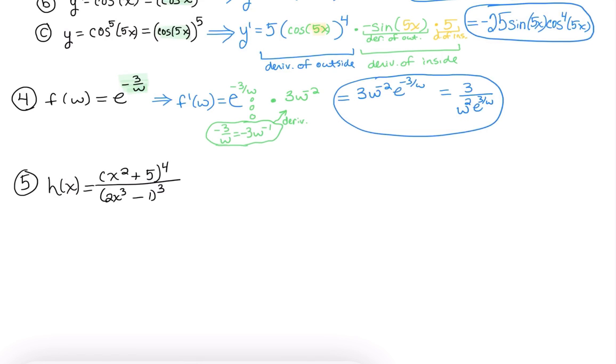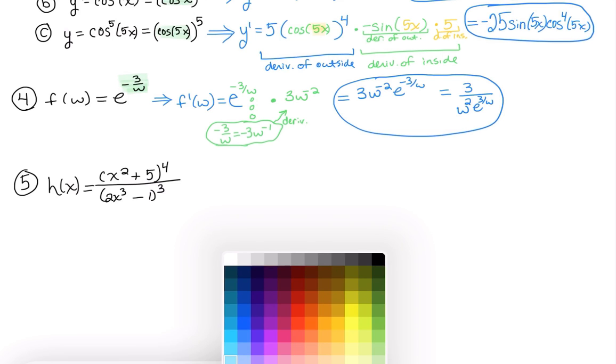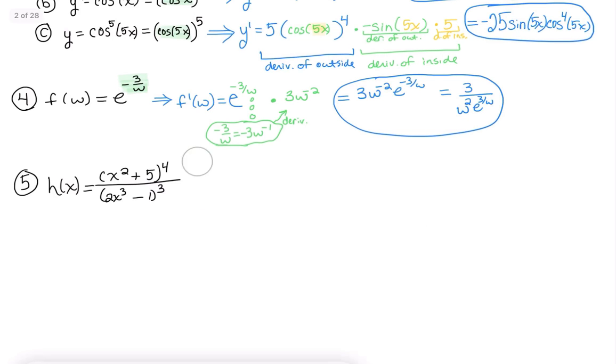And so the first thing you have to think for yourself is really what is the outermost structure that you're working under. So as you think about this function, what I want you to be thinking of is that in its outermost structure, you have a function of x divided by a function of x.